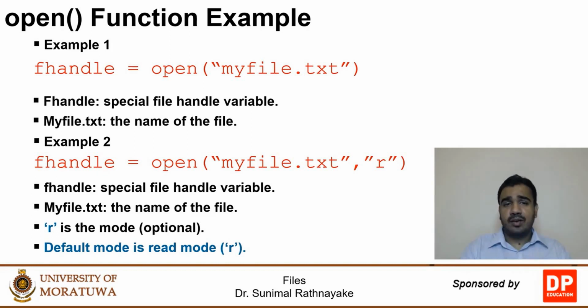In the first open example, we have only given our file name as the input parameter to the open function. If we do not specify a file opening mode like shown in example 1, Python automatically assumes that we are opening the file for reading. In the second open example, we have explicitly specified r as the file opening mode in addition to specifying the file name. Therefore, the file will be opened in the read mode. Essentially, both example 1 and 2 open the same file named myfile.txt in the read mode.